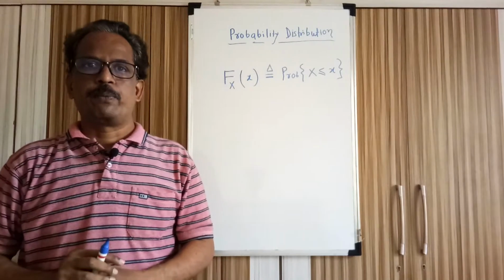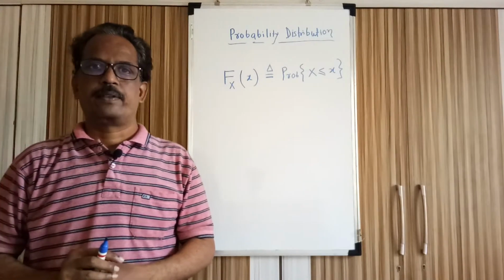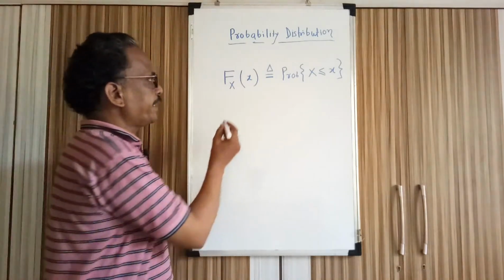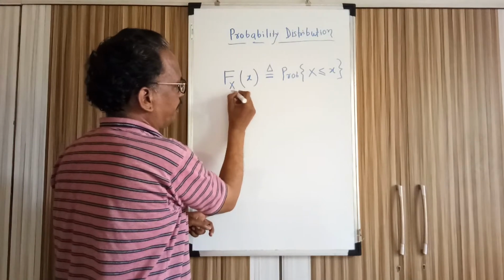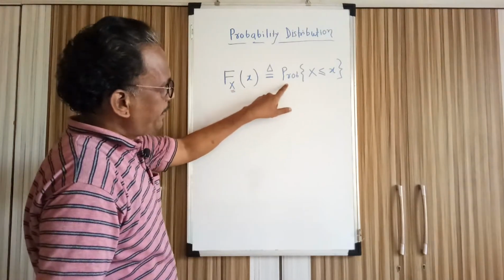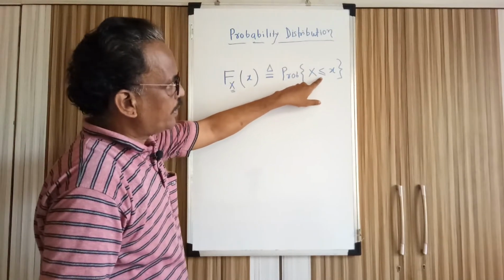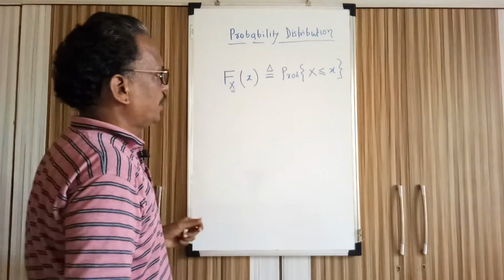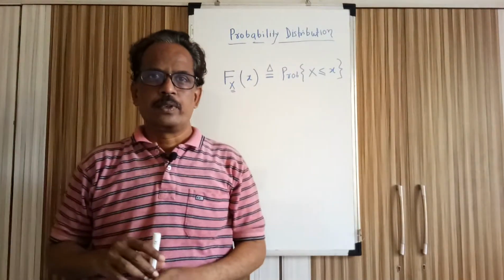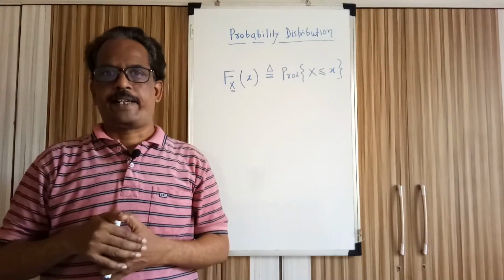So the probability distribution function of random variable X is denoted by capital F subscript X of x, where the suffix X indicates the random variable for which that distribution function is defined, and it is the probability that random variable X is taking value less than or equal to small x. If x is positive, we can say that it is from minus infinity to that x.